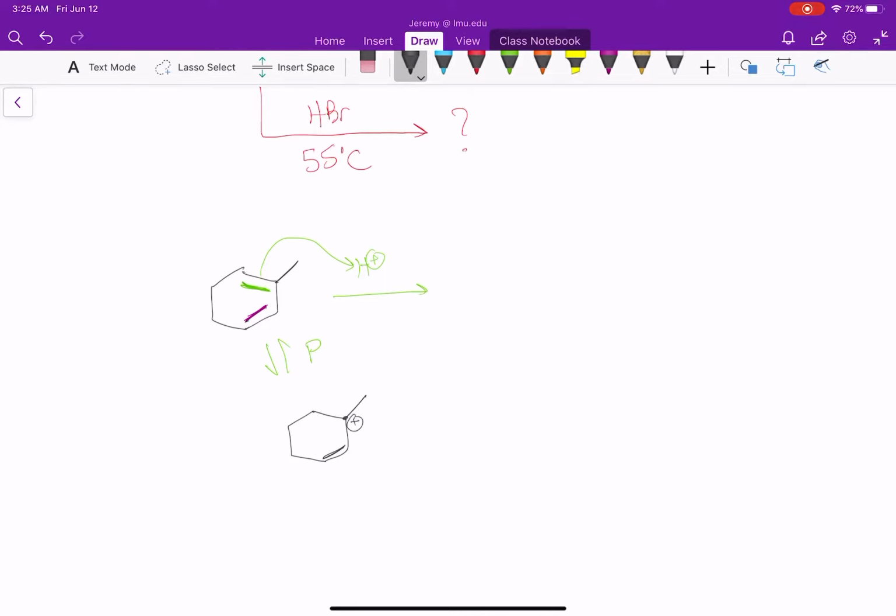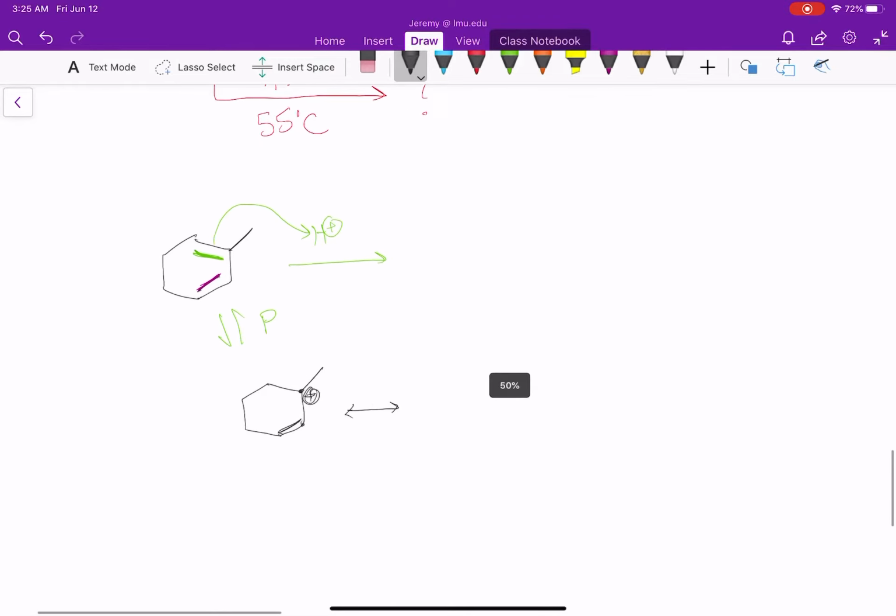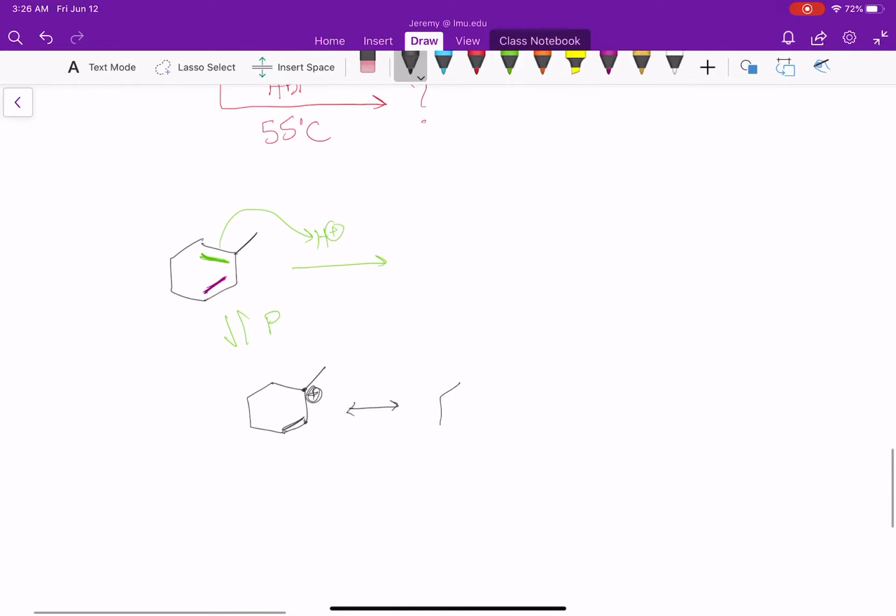We always want a carbocation that can form a resonance structure. It's more important to have resonance than whether you form a secondary or a tertiary carbocation. We have to always put the plus on the inside so we can form a resonance structure. That's really, really important here.